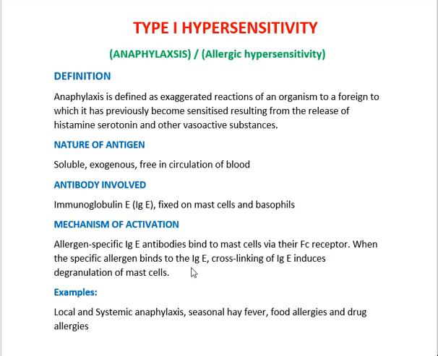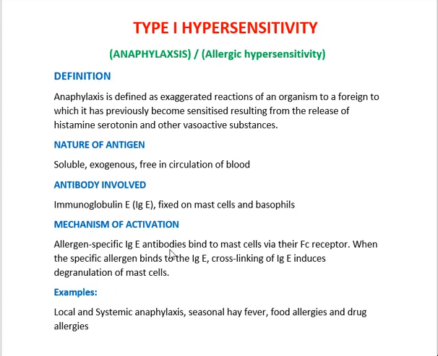Then moving to the mechanism, allergen-specific IgE antibodies bind to mast cells via their Fc receptor. When the specific allergen binds to the IgE, cross-linking of IgE induces degranulation of mast cells. Examples are local and systemic anaphylaxis, seasonal hay fever, food allergies, and drug allergies.